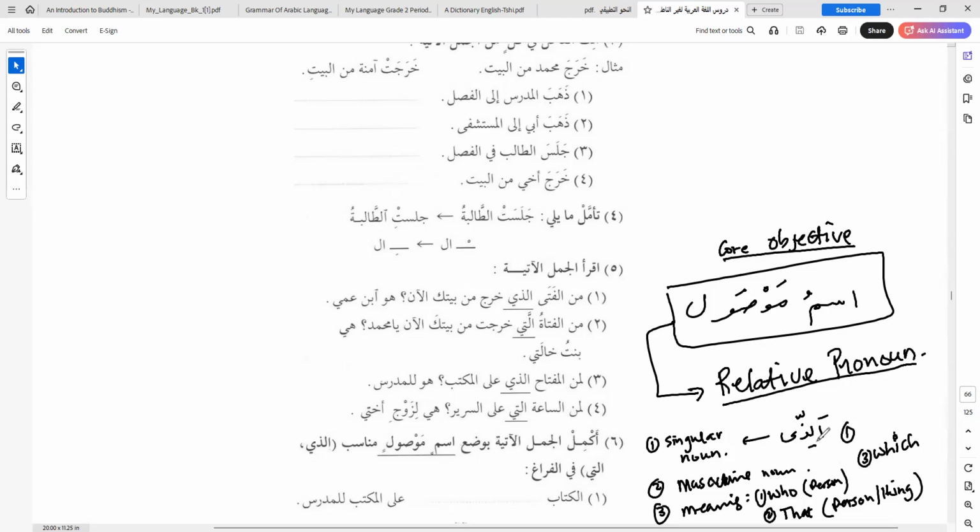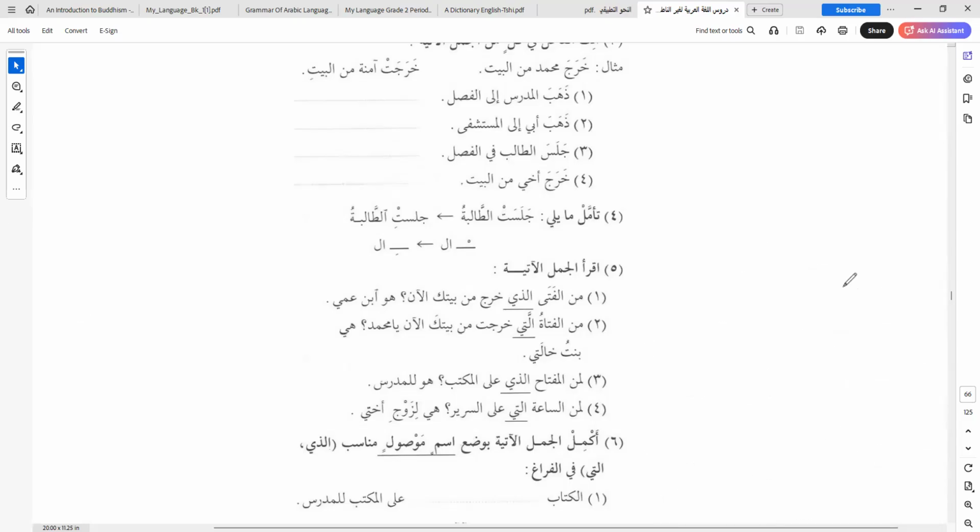So that is the first ism mawsul that we are going to learn how to use in this lesson. The first one is الذي. We've already discussed that. And then the second one is التي. So basically, الذي is the opposite of التي.